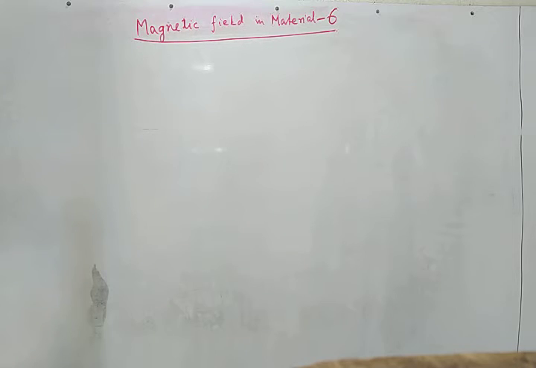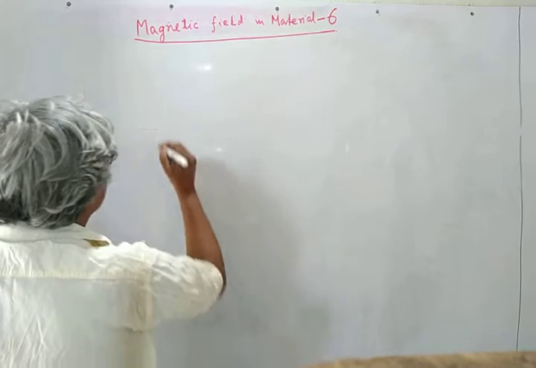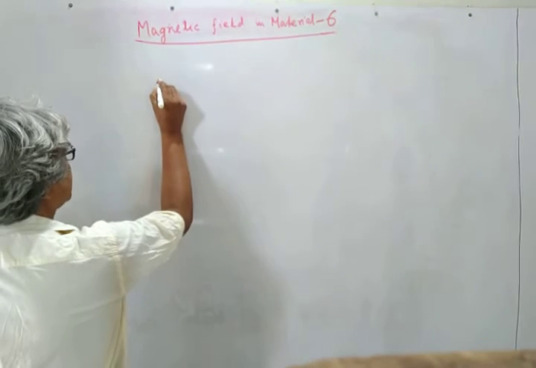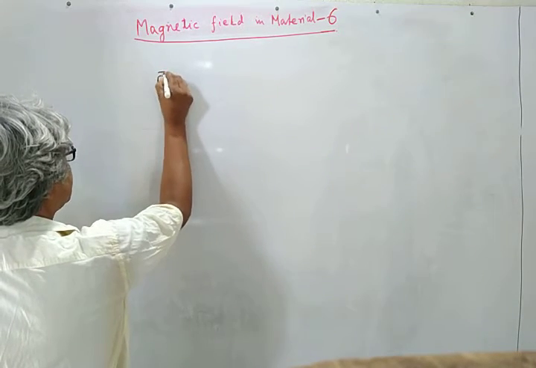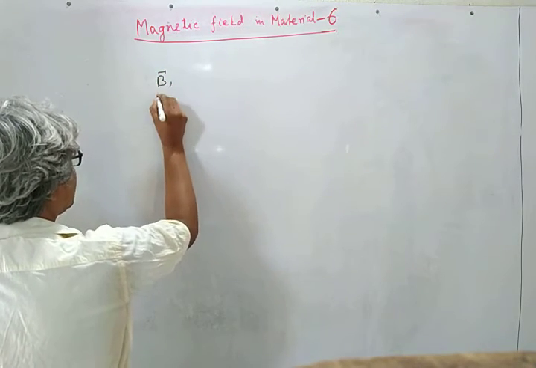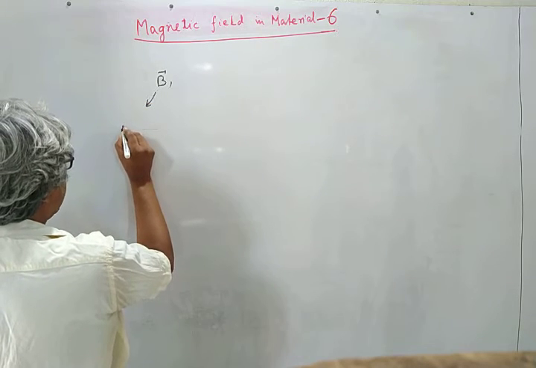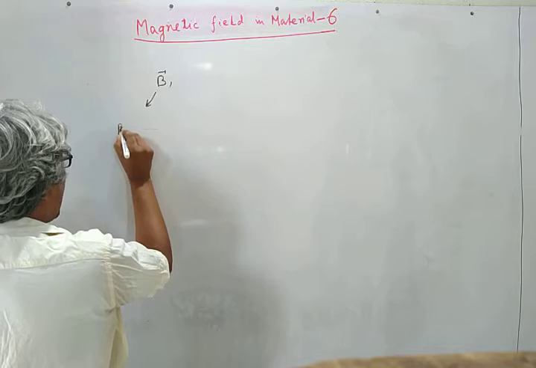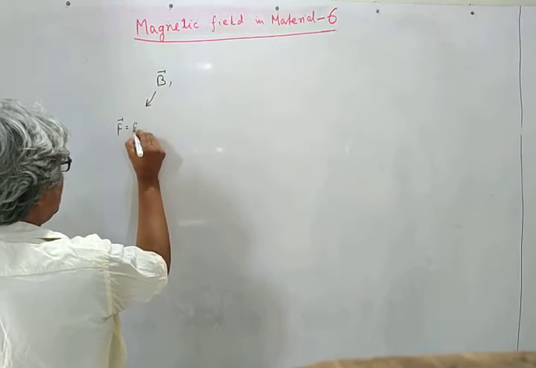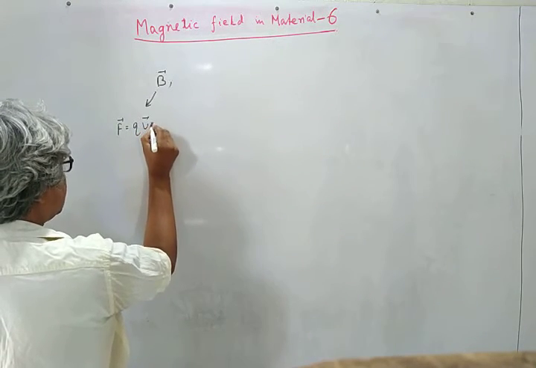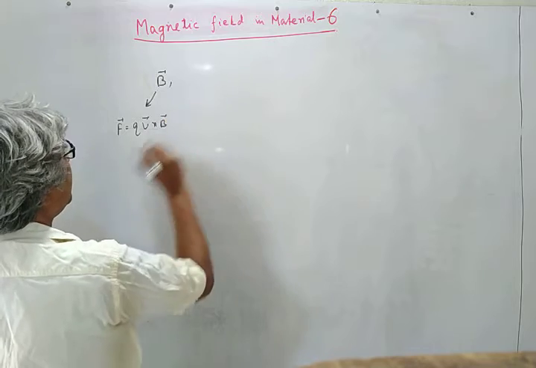In the last lecture on magnetic field in material, we introduced an auxiliary field called the H field. So as far as the magnetic field within a material is concerned, we have three vector quantities. B, the magnetic induction, which is directly measurable in experiments, where the force acting on a charged particle q moving with velocity v is given by this.